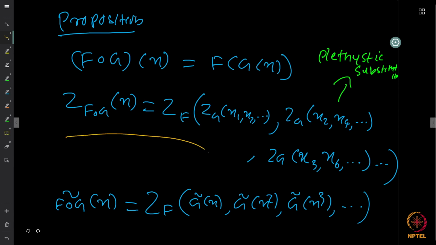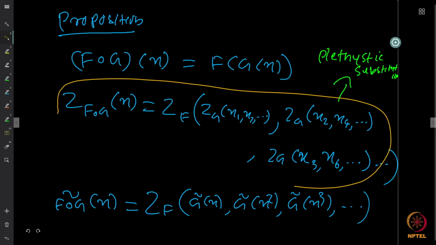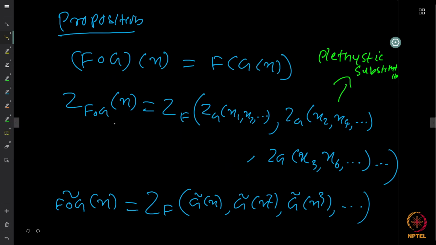The claim is that this is precisely the cycle index series for the composed species F composition G. From this, one can immediately deduce that the type generating series of F composition G is Z_F with the substitution of G tilde of x, G tilde of x squared, then G tilde of x cubed, etc. If you are interested, you can try to see why, but it requires a little more work, and we don't want to do it in this course.